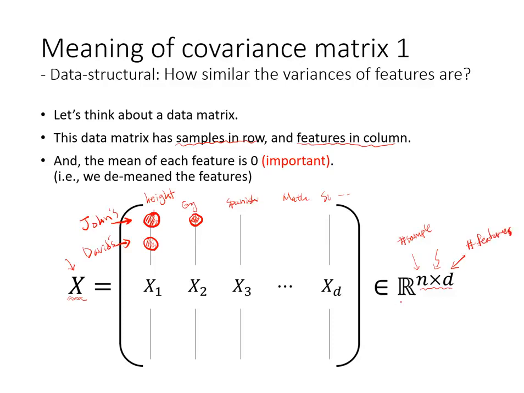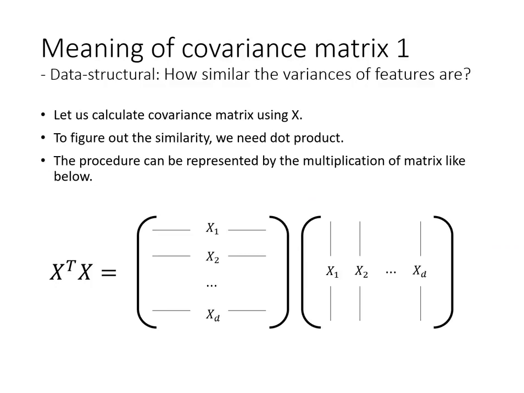Okay, so I said here that this is a real valued matrix, but it doesn't really have to be. It can be a complex one, but in this video, let's just focus on the real valued ones. So now let's calculate the covariance matrix using X. Suppose we want to calculate the similarity of the variances of the features.